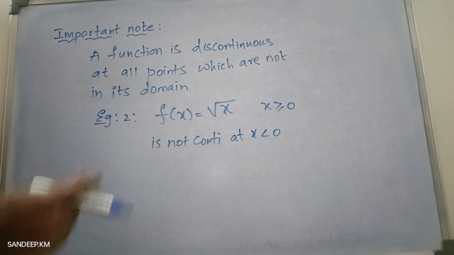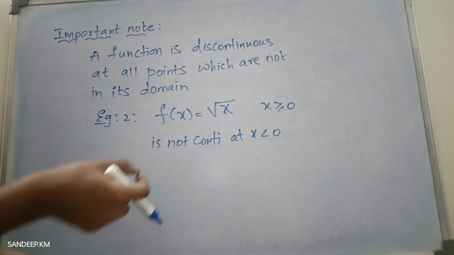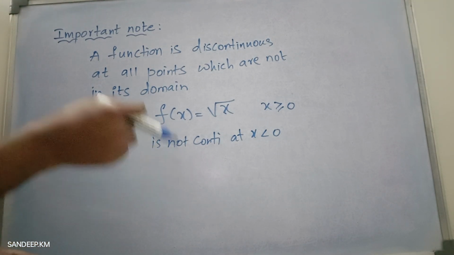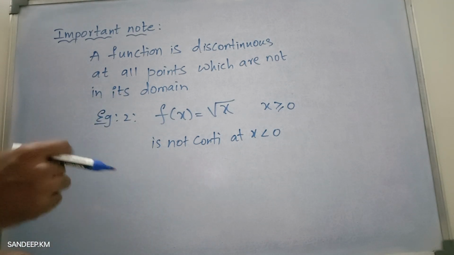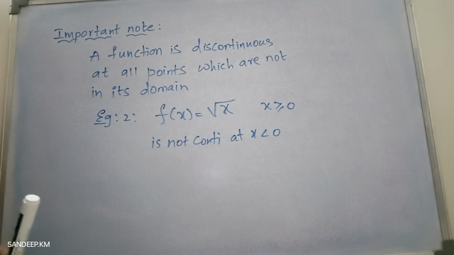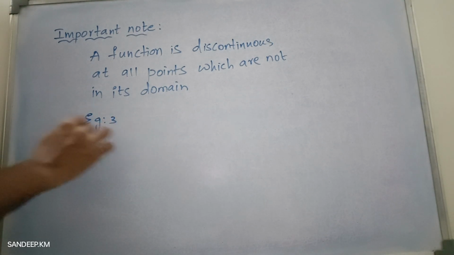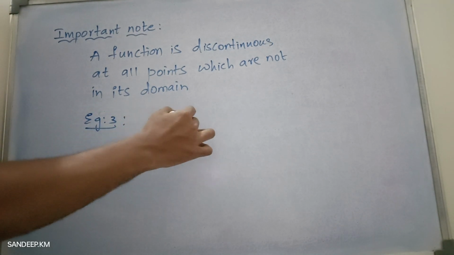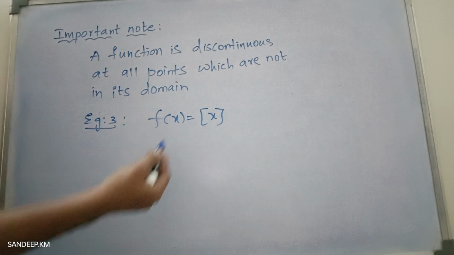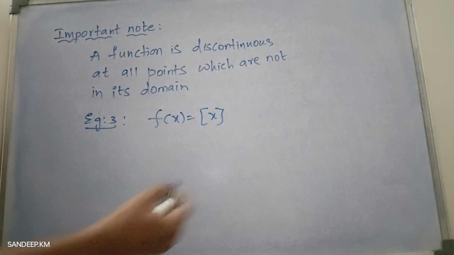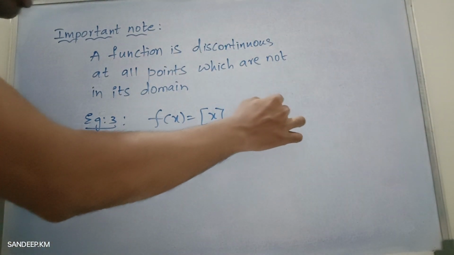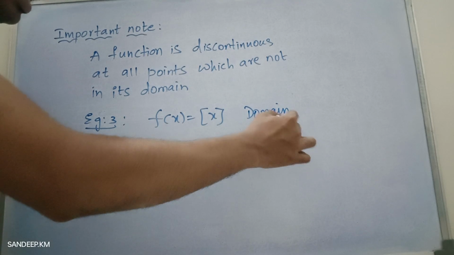Now there are functions which are discontinuous even at the points of their domain. Here is that example. If f of x is equal to the step function of x, what is the domain of the greatest integer function? The domain is any real number. Here x can be any real number.